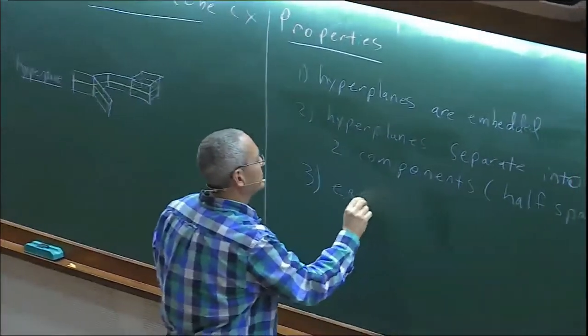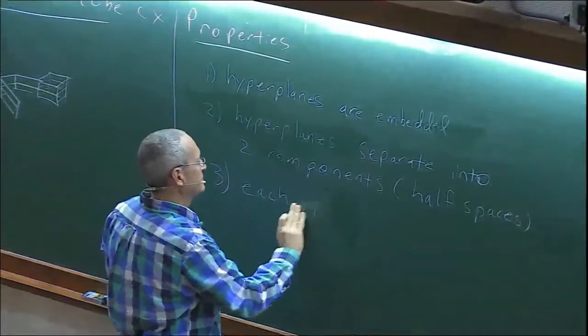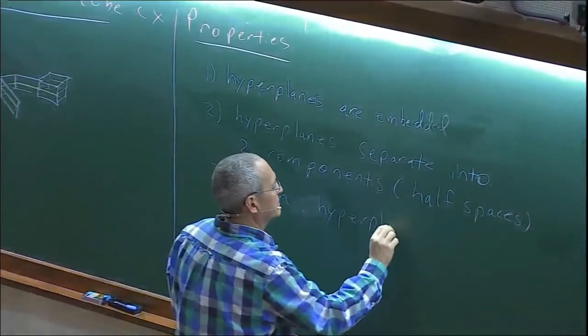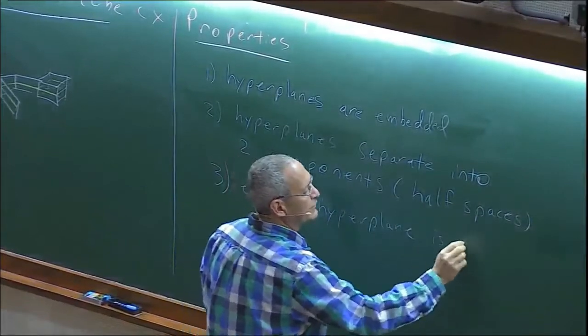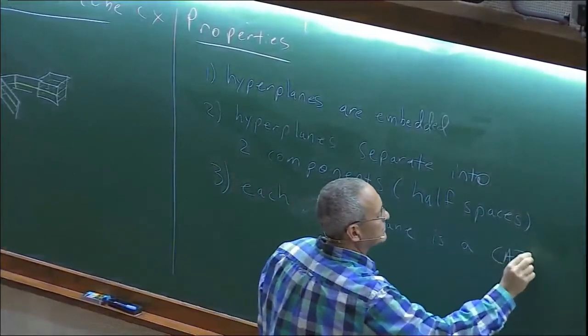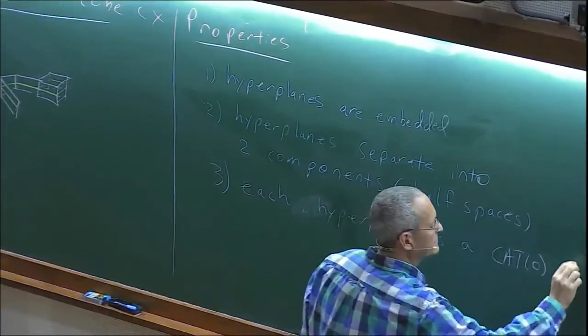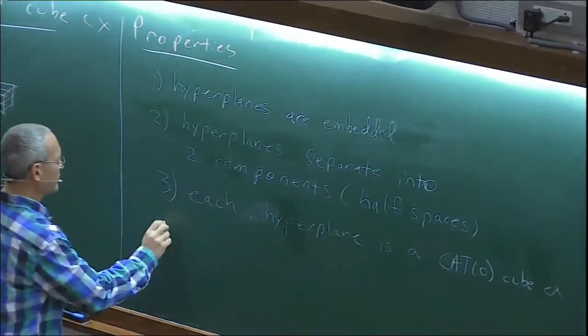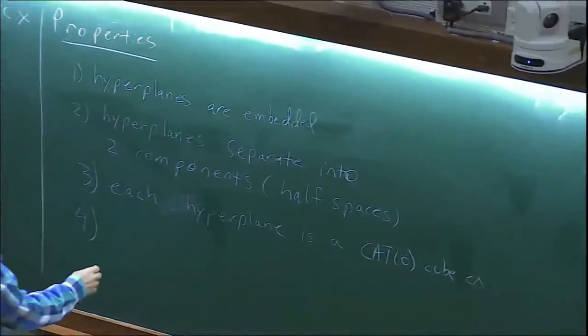Then each hyperplane is itself a CAT(0) cube complex of one lower dimension, and then we had this Helly property.